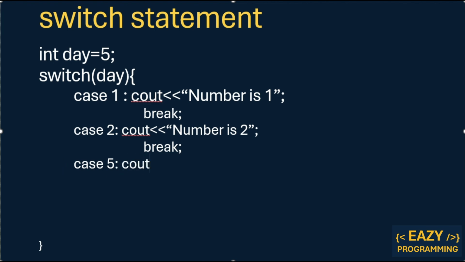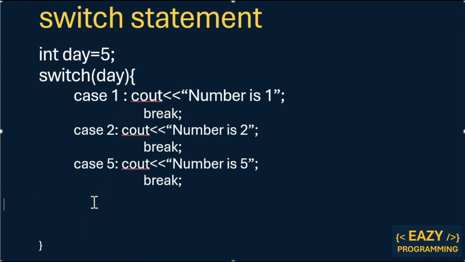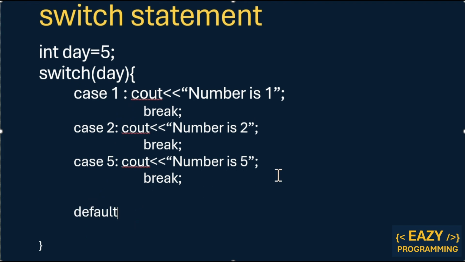I will write cout, number is 5. Then I will break. If the number is not 1 or 2 or 5, then I will write a default case, default, then I will give a colon, then I will print number is not found.